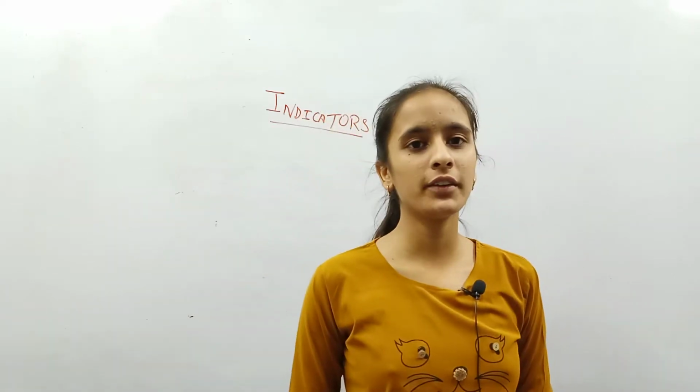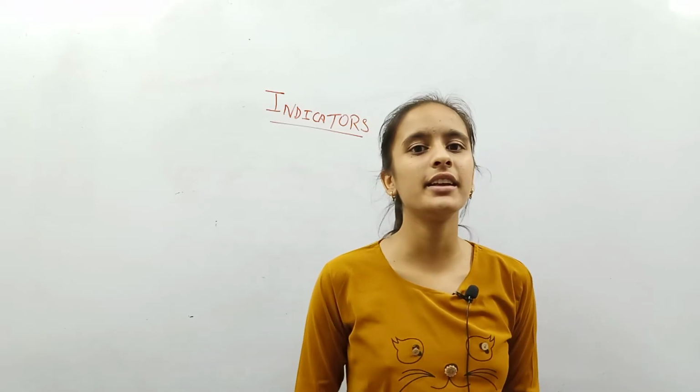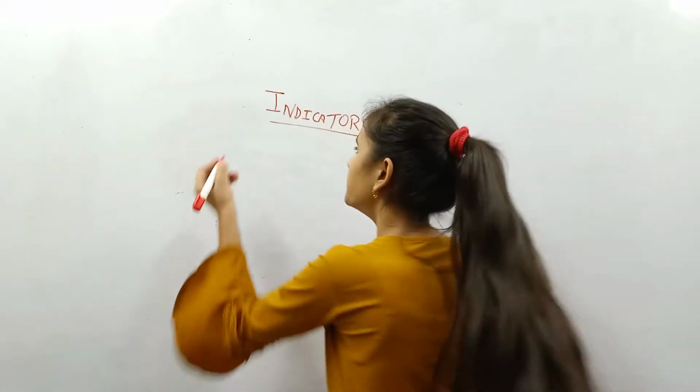In this, first of all, we will come to know what indicators are. Indicators are the substances which help us to identify whether the substance is an acid or a base.